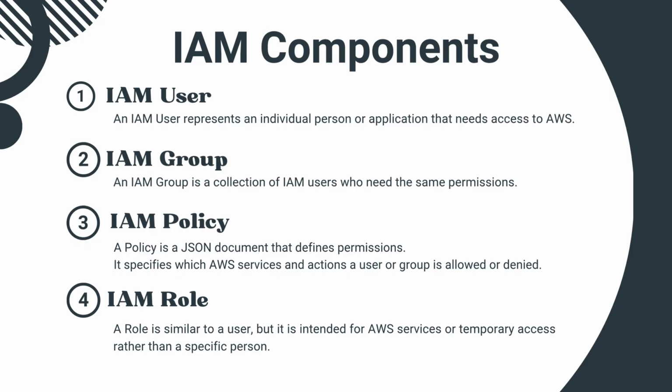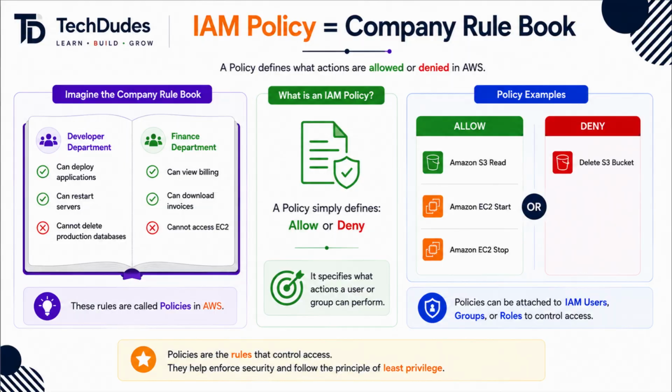Okay. IAM policy. A policy is a JSON document that defines permissions. Now imagine the company has a rule book. Developer department can deploy applications, can restart servers, but cannot delete production databases. Same for finance department. They can view billing, they can download invoices, but they cannot access EC2. These rules are called policies in AWS. A policy simply defines allow or deny.